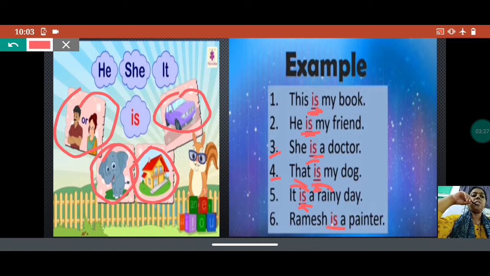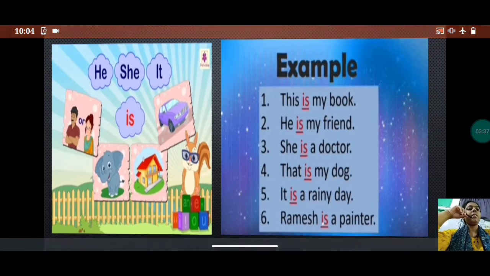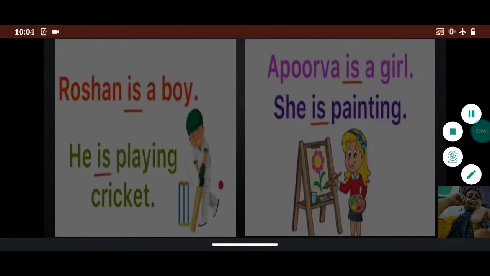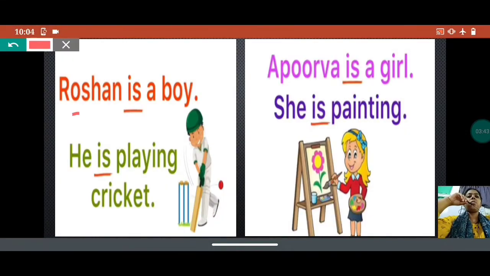Ramesh is a painter. We are talking about only a singular male person. So Ramesh is a singular noun, so we will use is with it. Now let us see a few more examples. Roshan is a boy. Now we have used is. Why? Because Roshan is a singular male person. He is playing cricket.